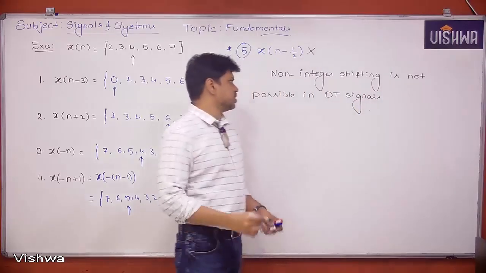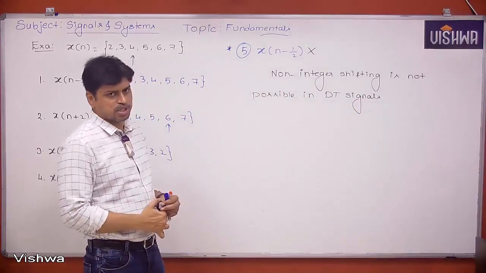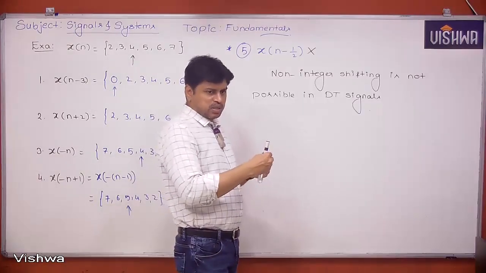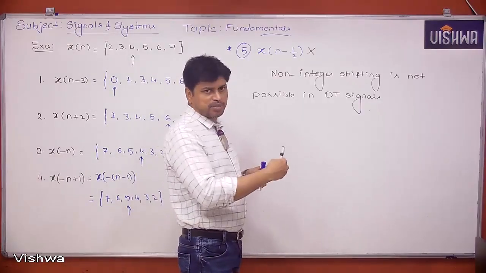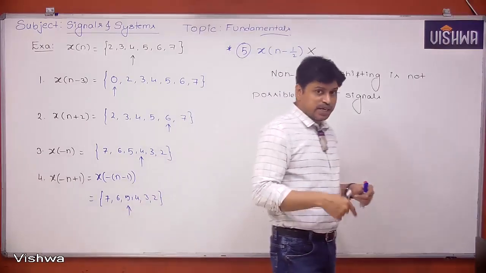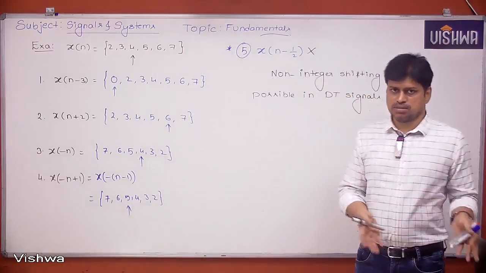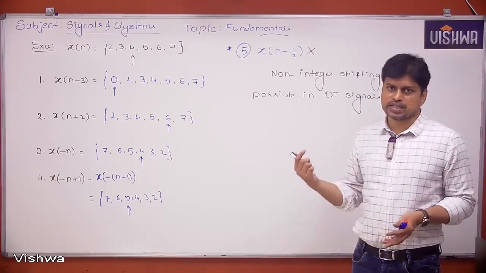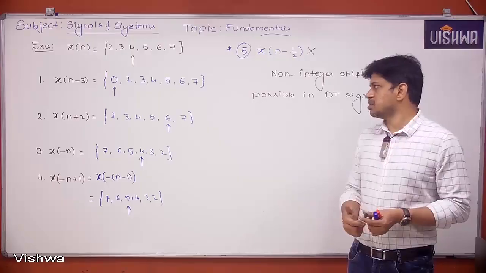You cannot do it because, suppose it is shifted half unit, that means 1 will go to 1.5. I told you it is defined only at integers. It is not defined at non-integers, so at those values we don't know. So I can simply say non-integer shifting is not possible.